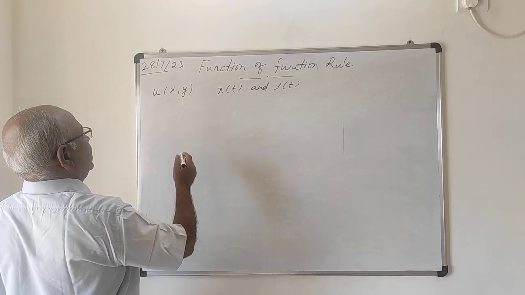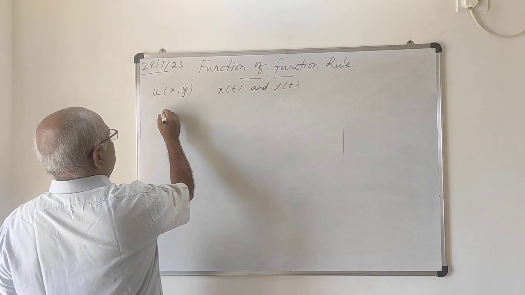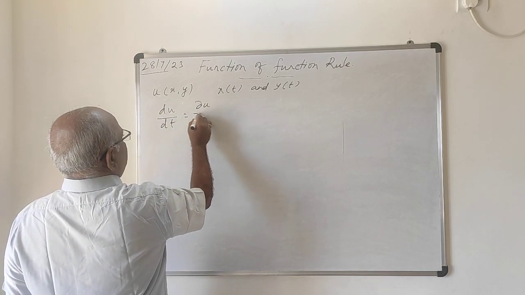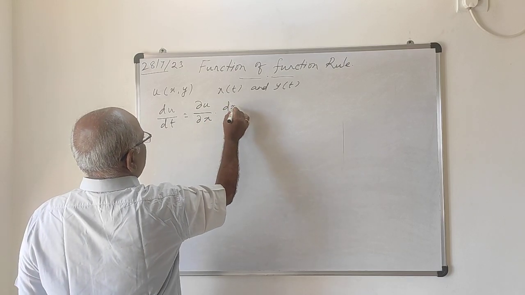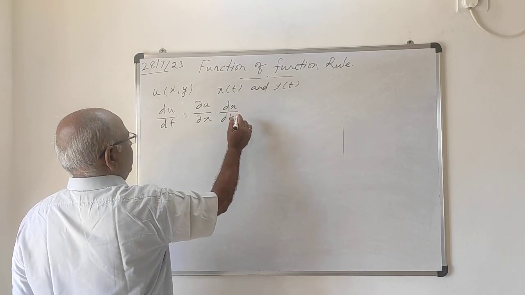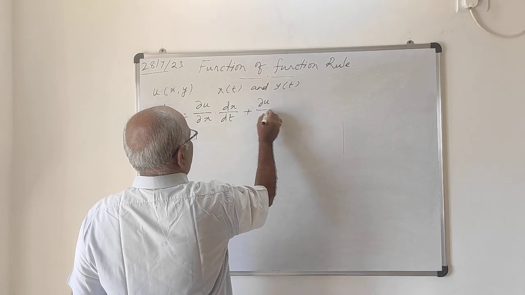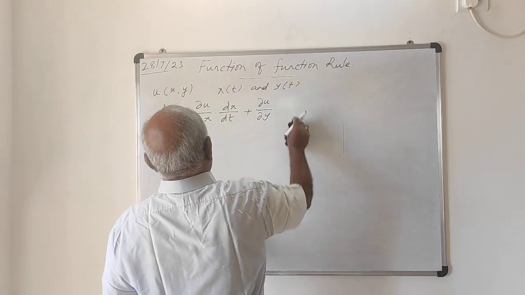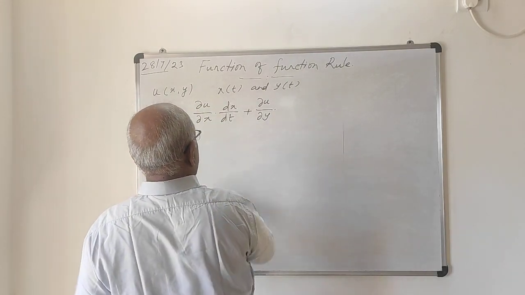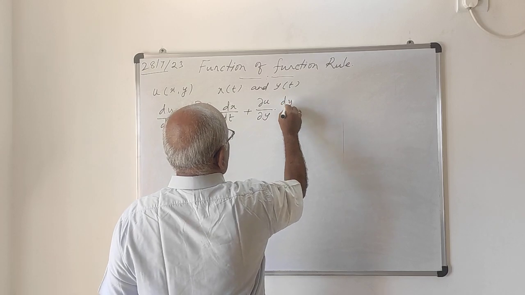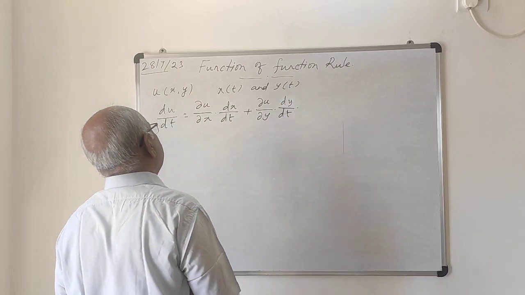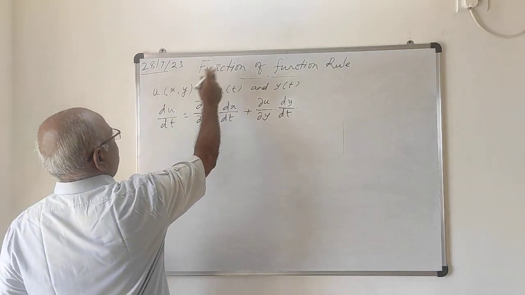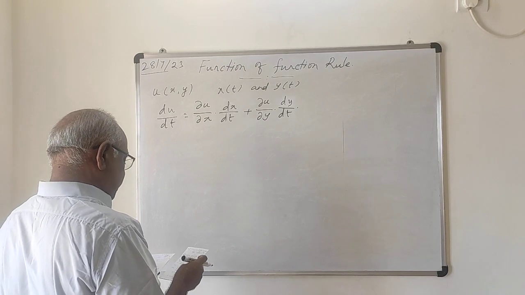They ask you to find du by dt, and the result is del u by del x into dx by dt, because x is a function of t, plus del u by del y into dy by dt. This is the rule to find the derivative of a function of a function under partial differentiation.